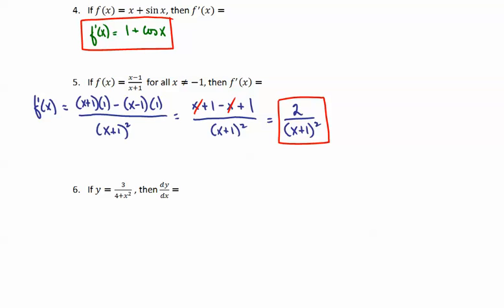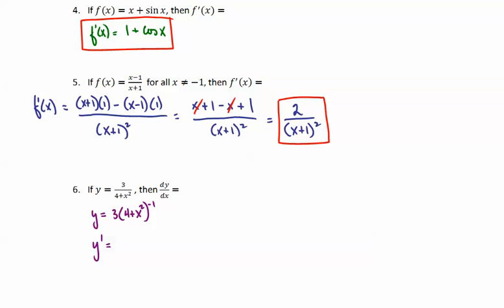Next, problem 6. If y is equal to 3 over 4 plus x squared, then dy dx is what? In this particular case, it would probably be easier for us to rewrite y as 3 times 4 plus x squared to the negative 1, and to use the chain rule here.